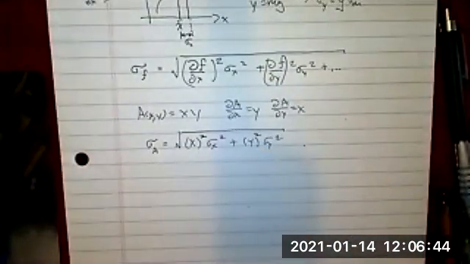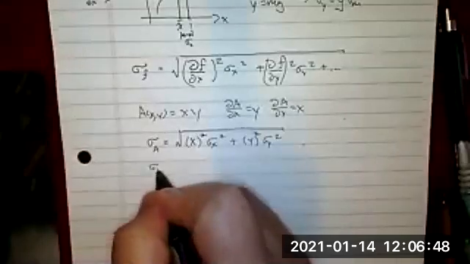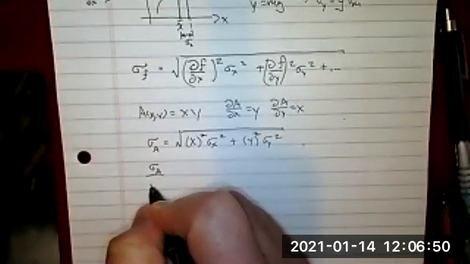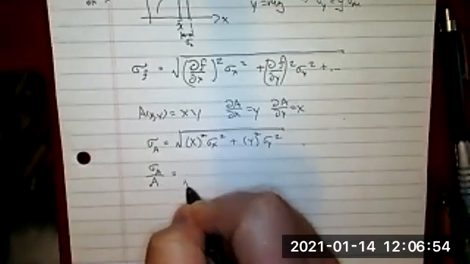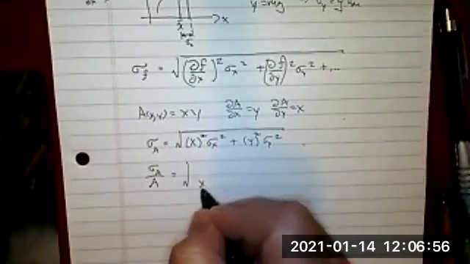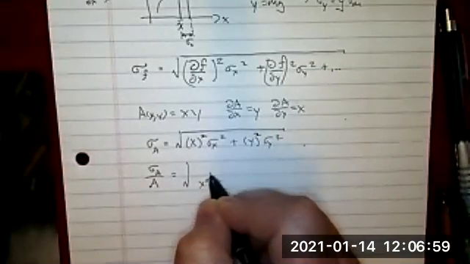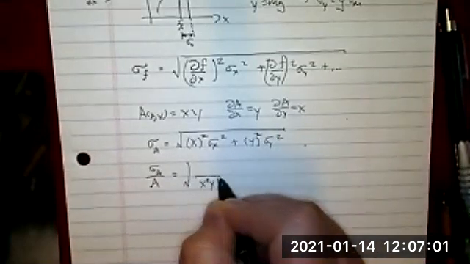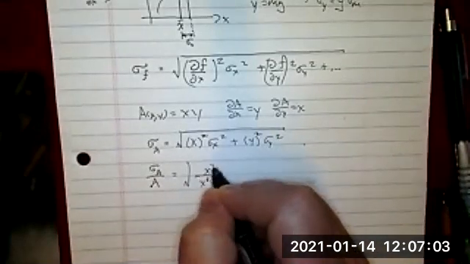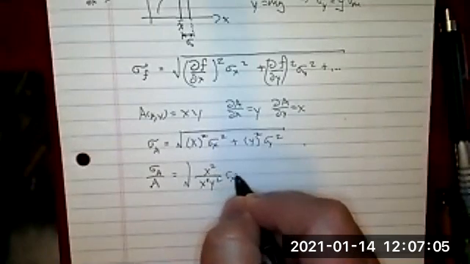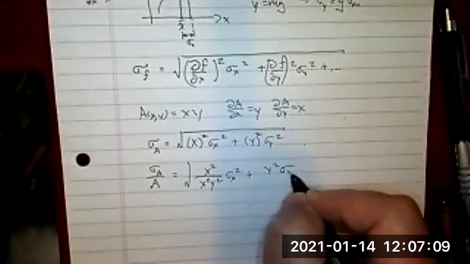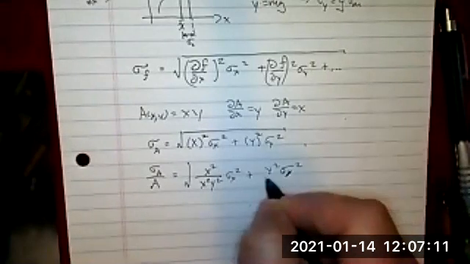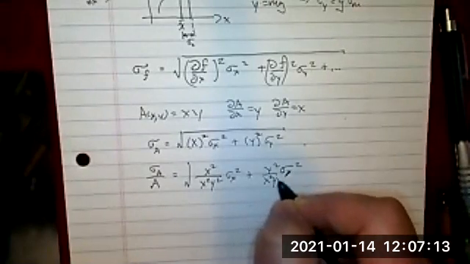And you can actually do that. It turns out there's a real smart way, though. If I divide sigma A by the actual A, which is x times y, then what happens is I pull in an x squared, y squared in here, and it actually goes under both of them. So this would be y squared, sigma x squared, plus x squared, sigma y squared, over x squared, y squared.